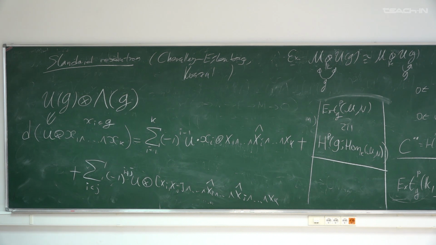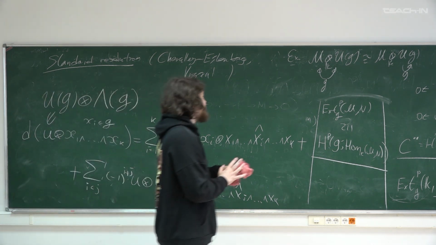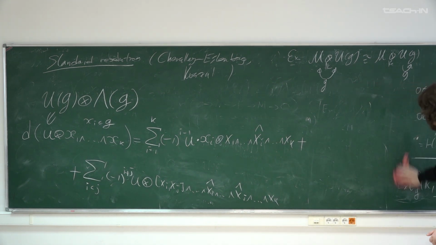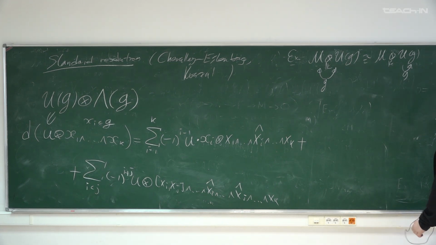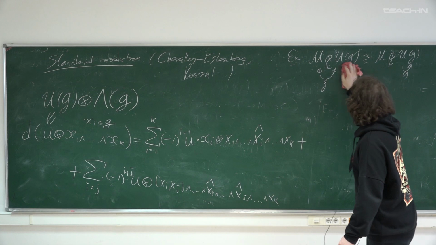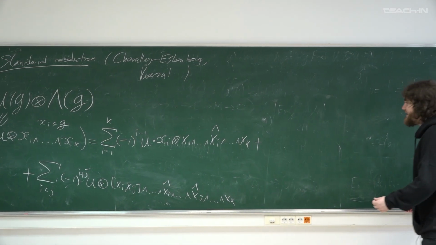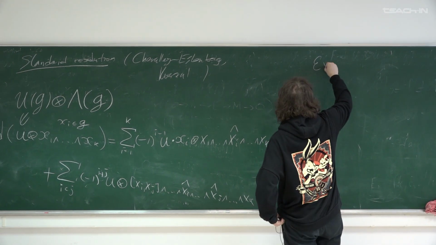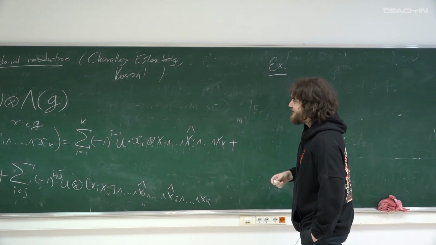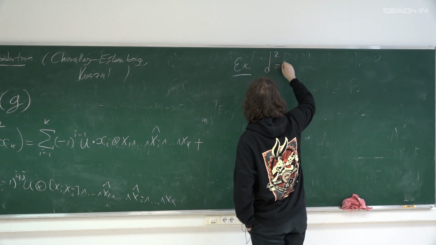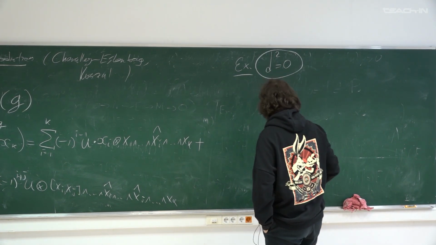Now from this formula, it's an explicit calculation. For the bar resolution, it was some cheating calculation with free products of associative algebras. Here there is no cheating; it's just an explicit exercise to check that this differential is correct and squares to 0. It's an important exercise.